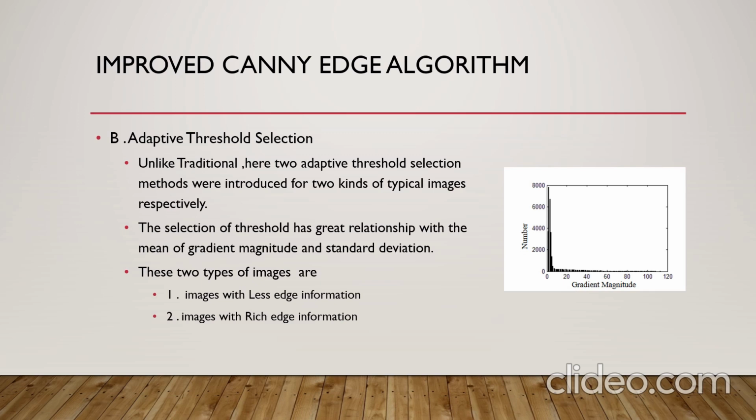The selection of the threshold has a greater relationship with the mean of the gradient magnitude and the standard deviation. The two types of images are images with less edge information and images with rich edge information.